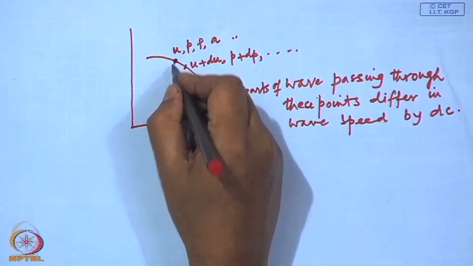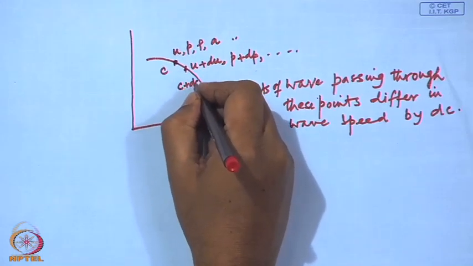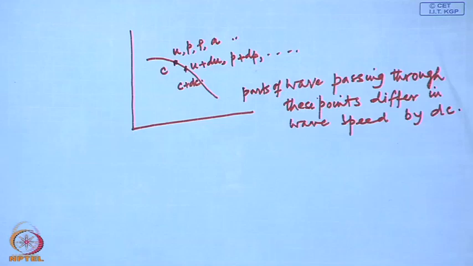That is, if the wave speed here is c, here it is c plus dc. Now, as long as the velocity and temperature gradients are moderate, the viscous and heat conduction effects are negligible, and this finite wave can be thought of as a succession of infinitesimal pulses.